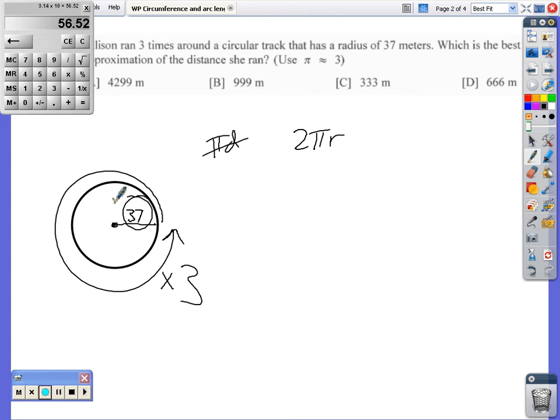Now some of you might just say, I'm going to double that radius and then use this one, and that's fine. That's all this formula is doing, doubling it and then multiplying times pi. Once we get the circumference, we're going to multiply it times 3 because she ran 3 times around this circular track.